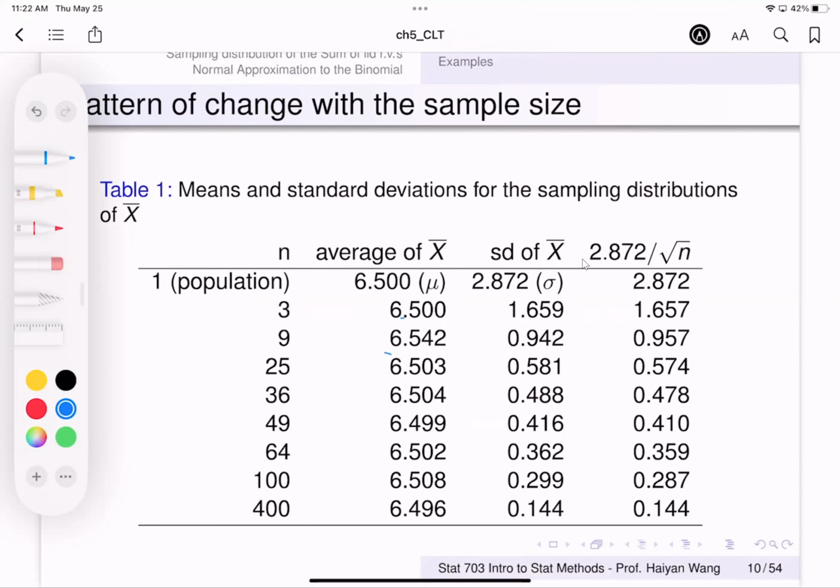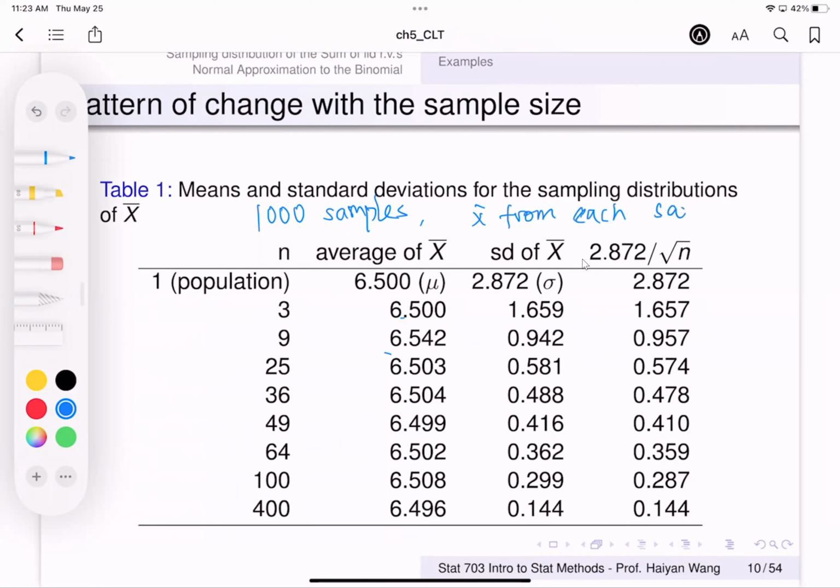So this is from 1,000 samples, and we computed the average from each sample.